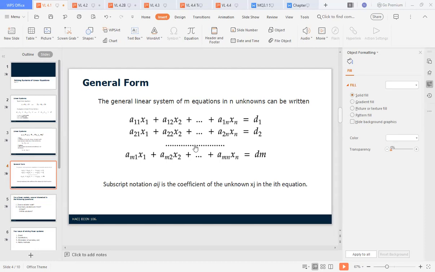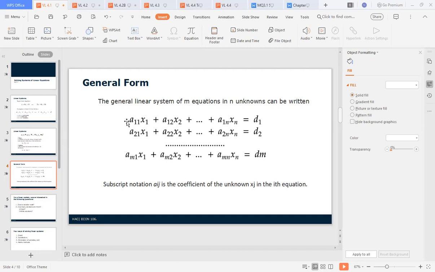In our study, class, we will only be dealing with up to A31, A32, and A33. But then again, if we have numerical examples later on, I think it would also be good to remember what A11 is, because we keep on dealing with a lot of numerical examples.